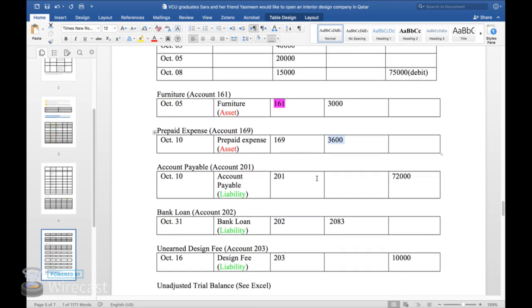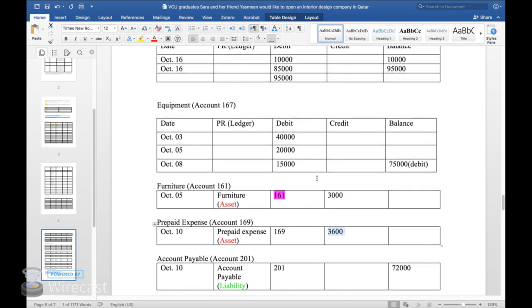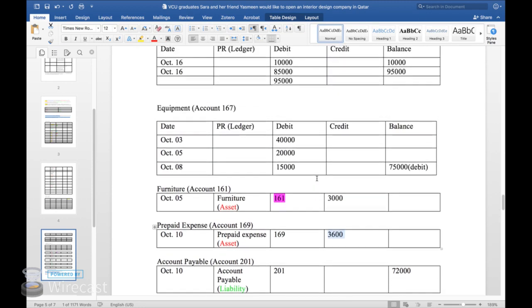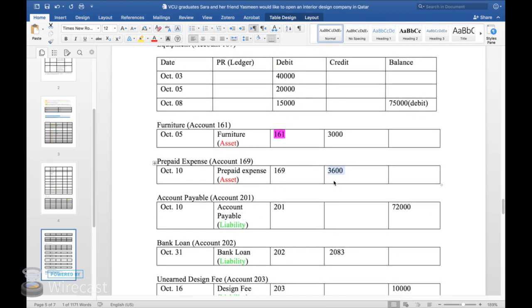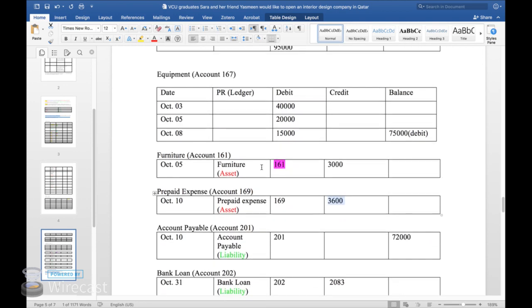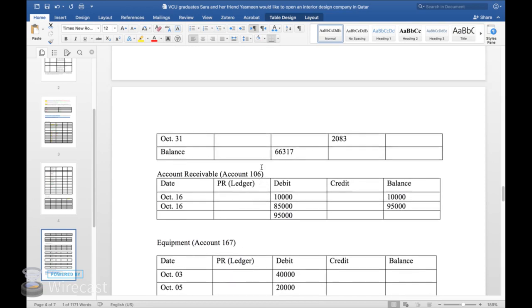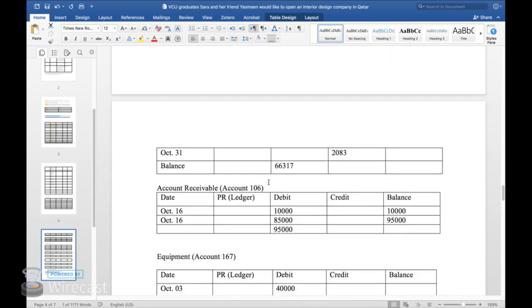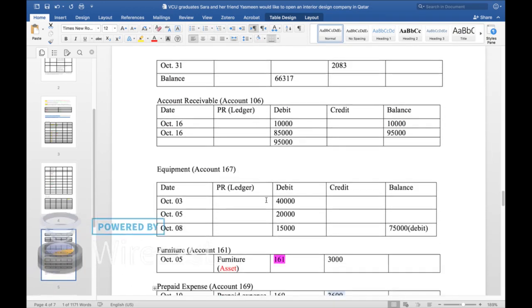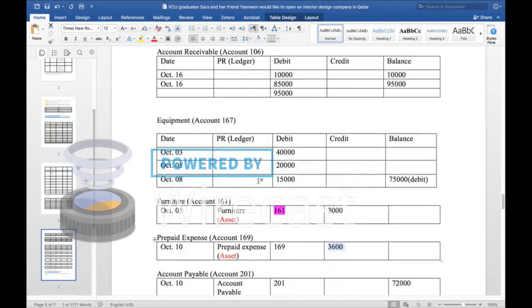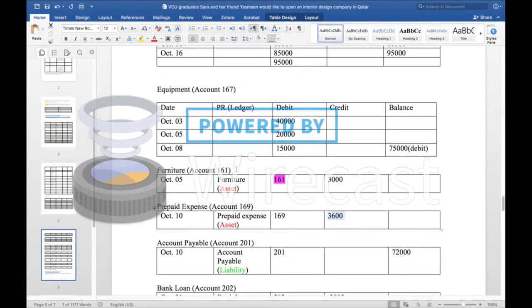Account payable, so we're done. I believe we finished all of them, maybe there's one more. Yeah, we have 101, 106, 167, 161, 169.